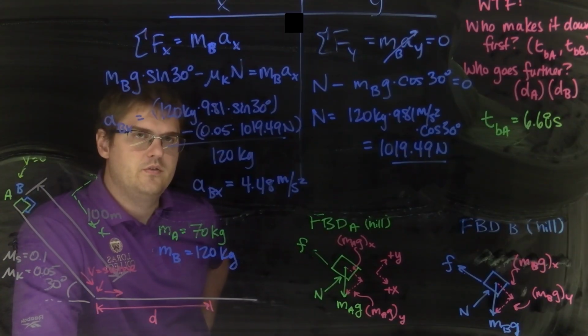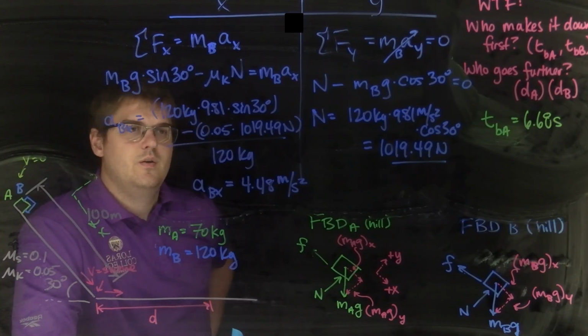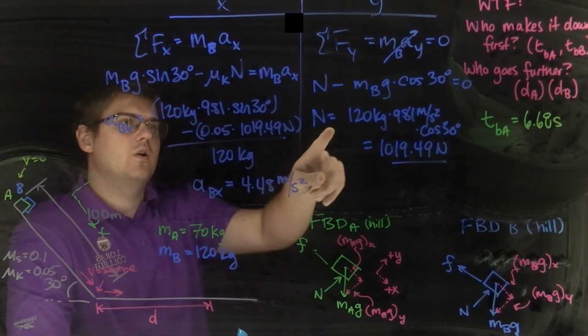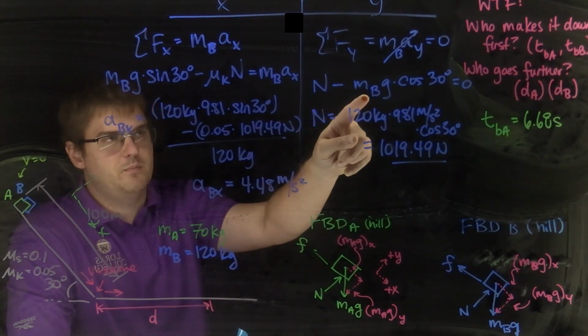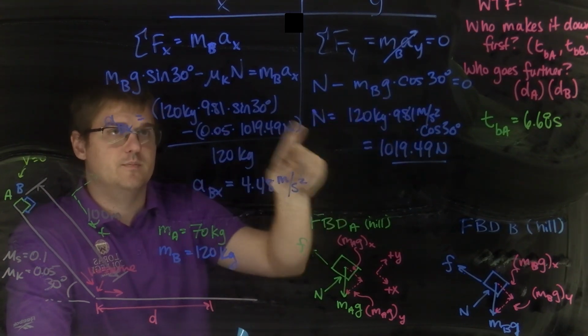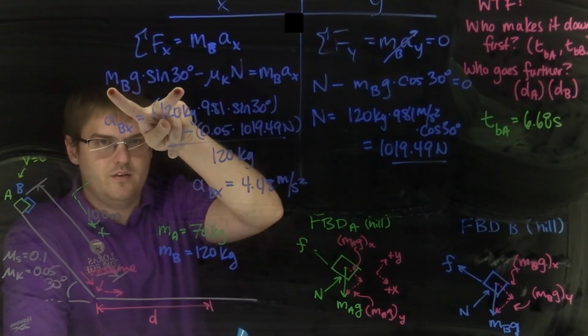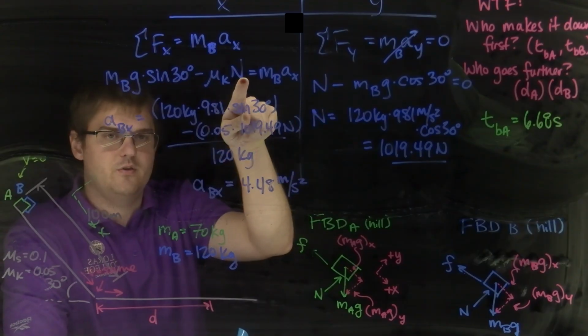Now with this, why is this happening? Well, what's happening is if you look at what my equation for my normal force is going to be, mass B times gravity times cosine 30. If I plug that in here, I note that I've got a mass B in this term, because it's right there as part of the normal force.